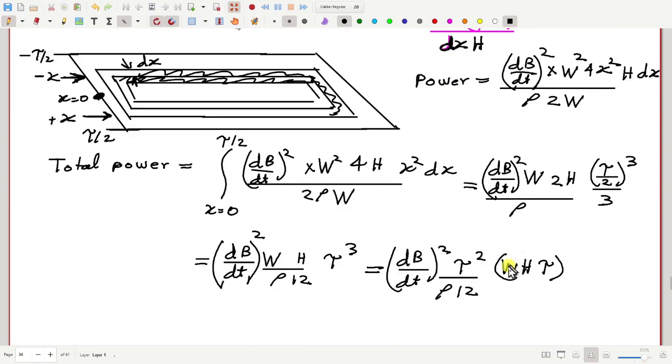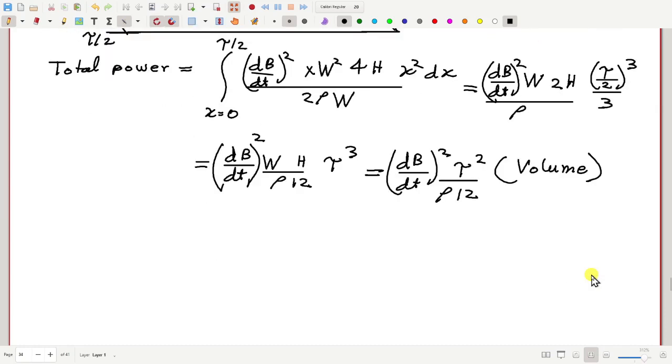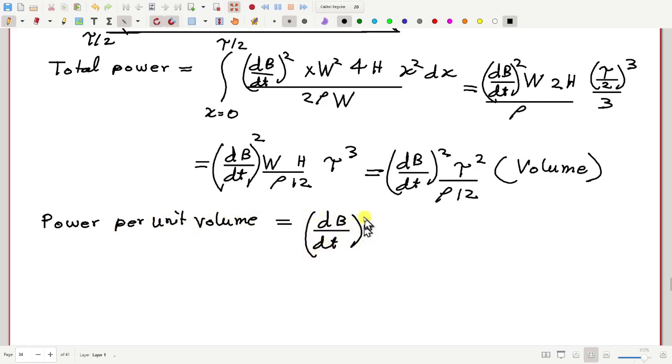So the power per unit volume of the core will be dB/dt whole square tau square by 12 rho.